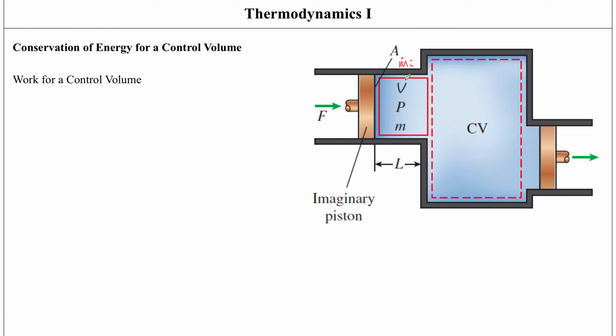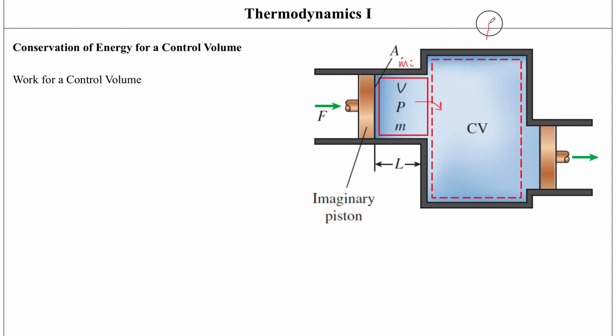This fluid carries within it a certain energy, but in order for this fluid to be pushed into this control volume, there needs to be a certain force, because nothing can move on its own. That is basically the pressure force, the pressure that is within the fluid.